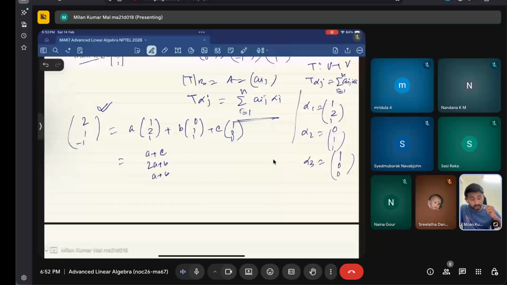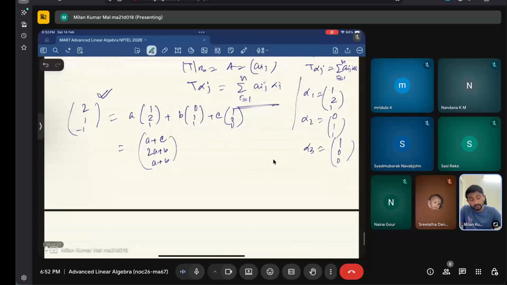So how to solve this? If I subtract the last from the first, I get C minus B is equal to 2 minus minus 1, that is 3. So C is equal to B plus 3.